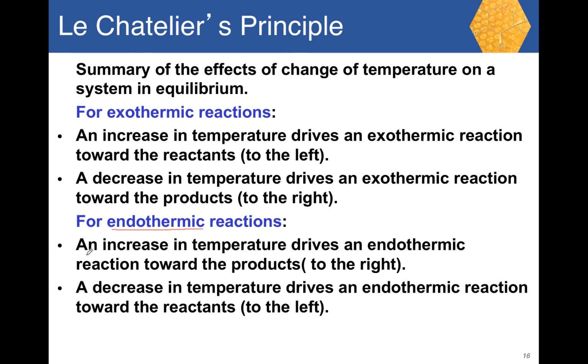An increase in temperature will of course drive it to the right. So you can imagine adding heat as part of the reactant. Once you increase the reactant by heat, it will drive it to the right. Of course, the opposite will occur. If you decrease it, it will drive it to the left because you're removing heat from the reactant side, and it will drive that reaction to the left.